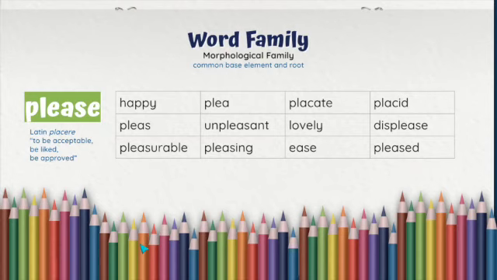Now I look at the word plea. P-L-E-A is found in both please and plea. But when I think about plea in a meaning sense, I think of pleading and begging, which I don't necessarily think of when I think of the word please. So I'm not sure if that would be part of the family, but then I can say to myself, is SE a known affix?